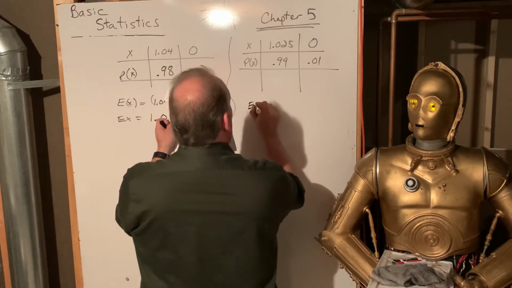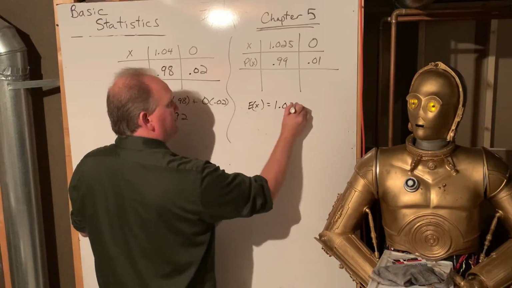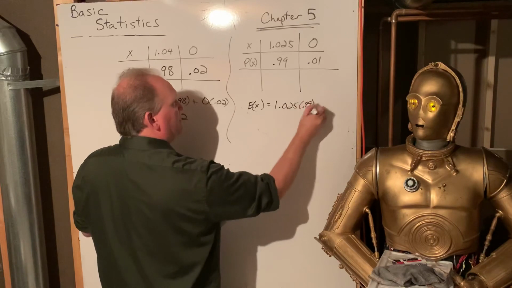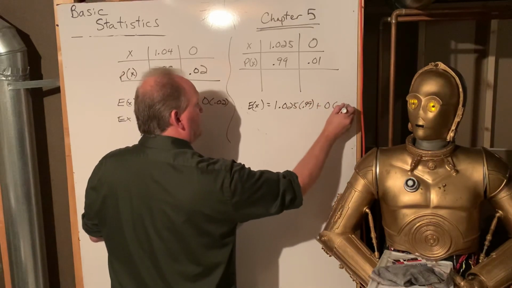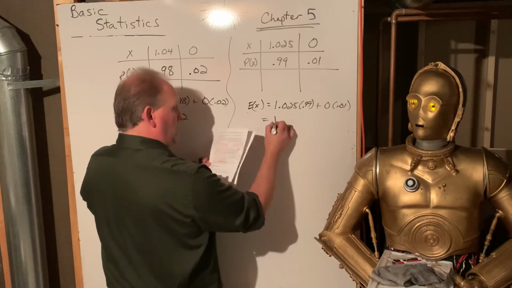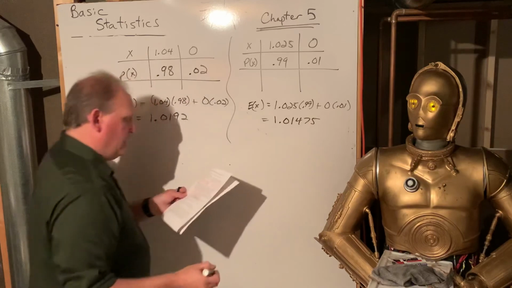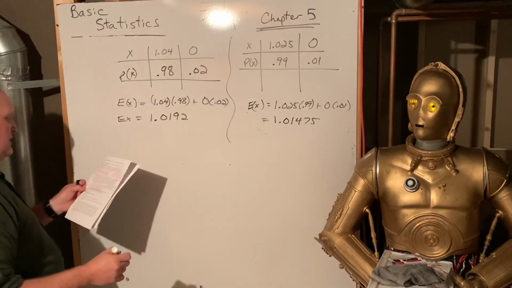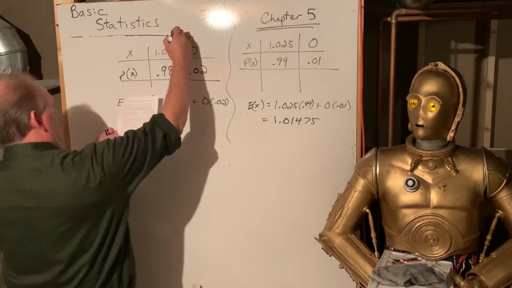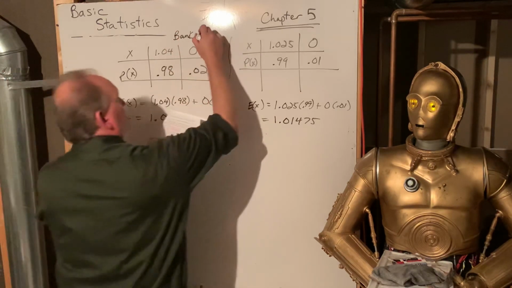So let's take a look at this one. The expected amount would be 1.025 times 0.99 plus 0 times 0.01. So that, when we multiply that out, we get 1.01475. So it turns out, we'll call this one bank 1 and this one bank 2.